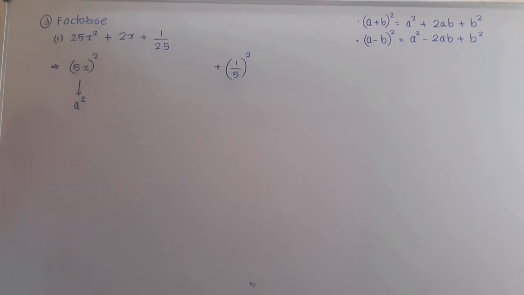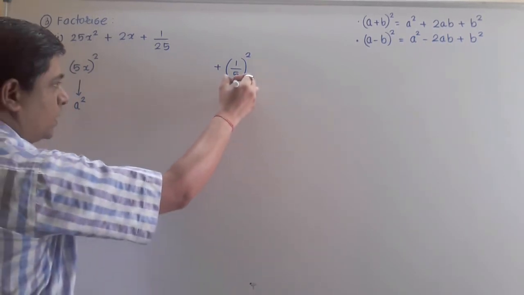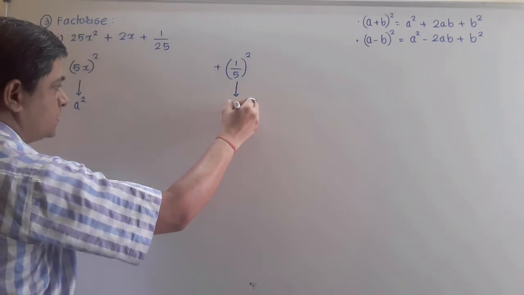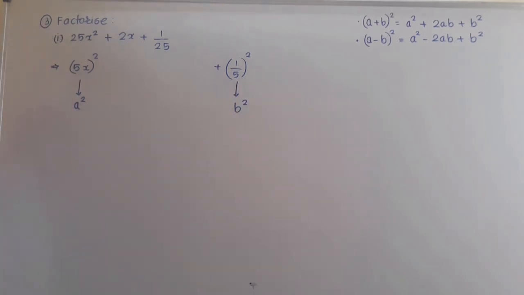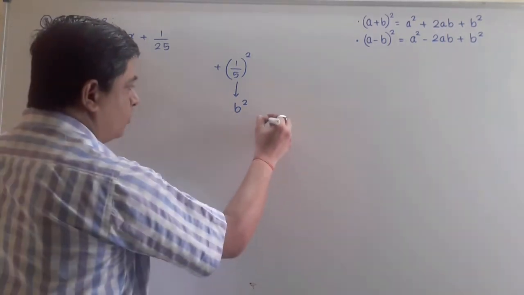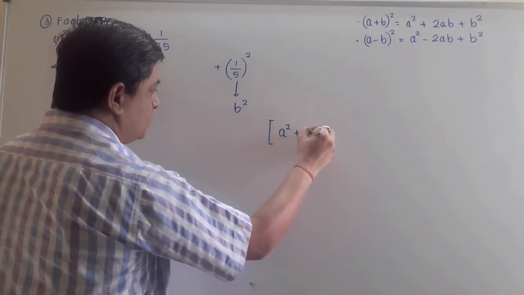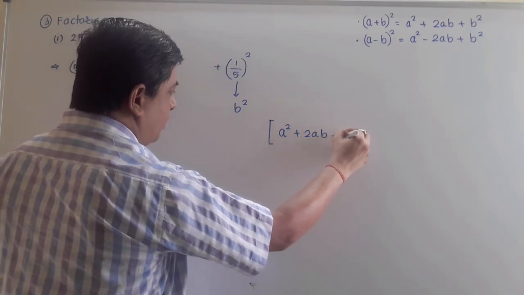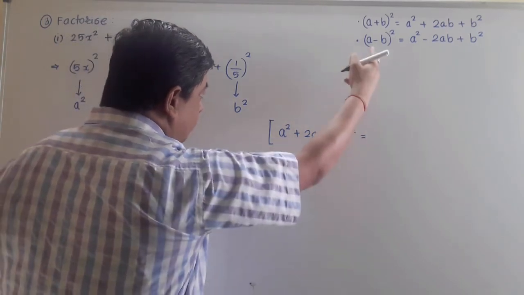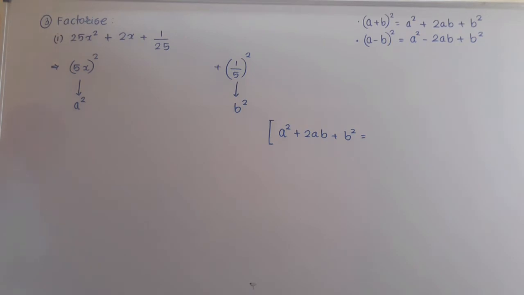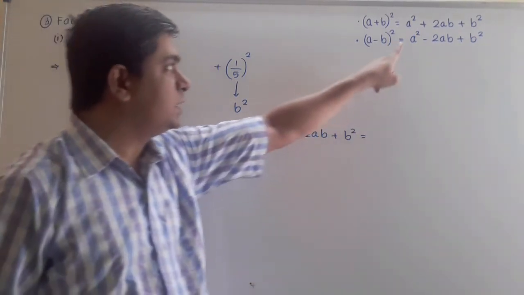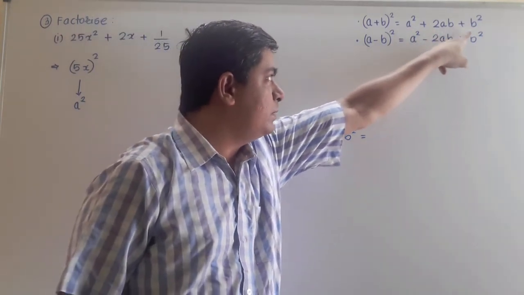Similarly, 1 upon 5 I am supposing as b, that is, 1 upon 5 whole power 2 is b square. Now if I write down the formula, a square plus 2ab plus b square. I am not writing the formula from the beginning as a plus b the whole square, since I am doing questions of factorize, so the question will be given in this form: a square plus 2ab plus b square.